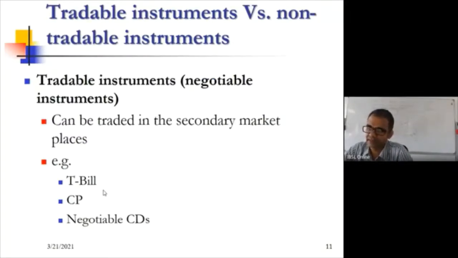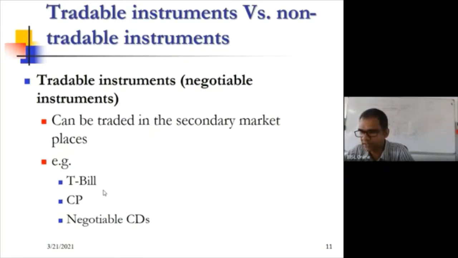Again, not only money market instruments, even other capital market instruments, we can divide into two categories: tradable instruments and non-tradable instruments. What is a tradable instrument? Where we can negotiate a price and transfer the ownership to another party. Only tradable instruments can we trade in the secondary market.